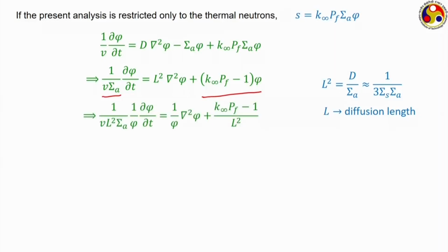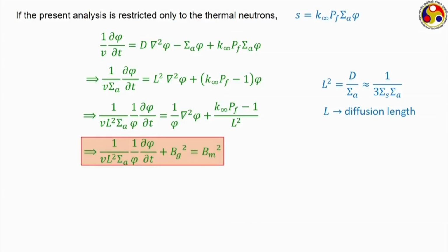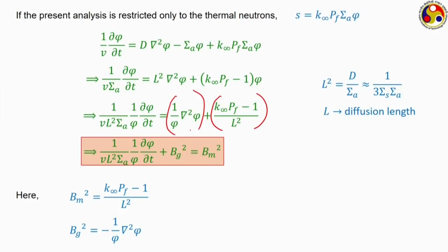Now, we move forward with this, and we have divided this entire equation by L square to reduce it to this form, and finally, we replace the two right hand terms with Bg square and Bm square. Here Bm square is equal to this particular quantity and Bg square is minus of this particular quantity.